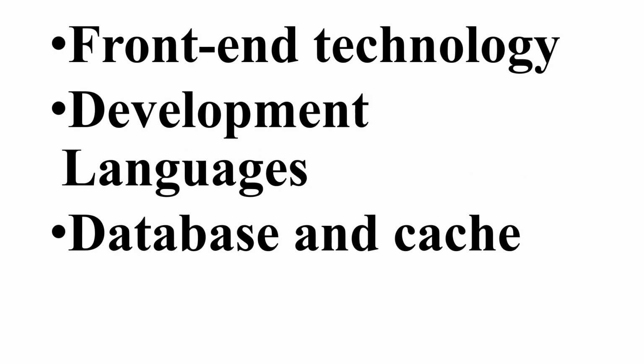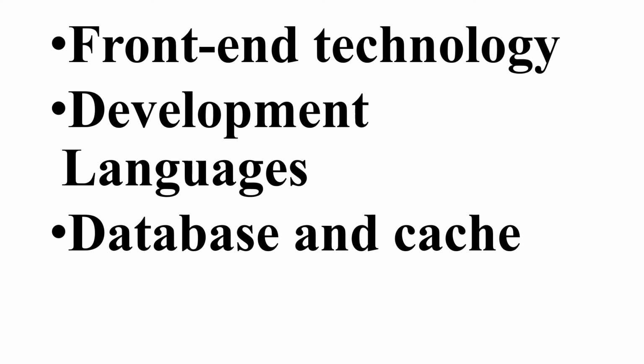If you talk about the front end technology, the full stack developer should be master of essential front end technologies such as HTML5, CSS3, JavaScript, and knowledge of third party libraries like jQuery, Less, Angular, and React.js. As a development language, a full stack engineer should know at least one server side programming language such as Java, Python, Ruby, or .NET.